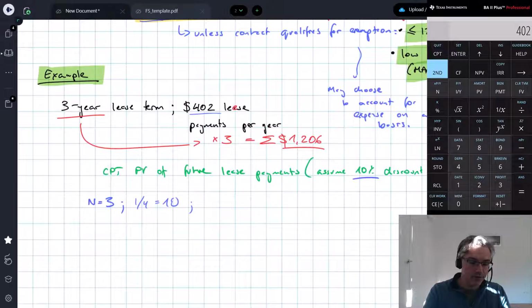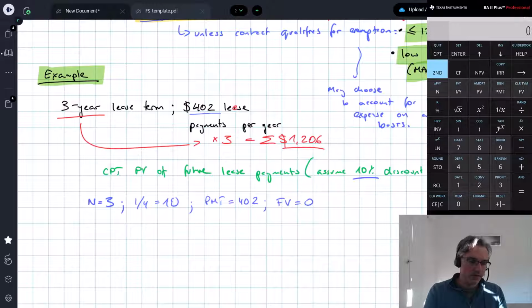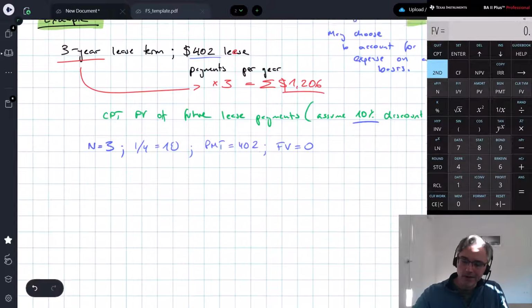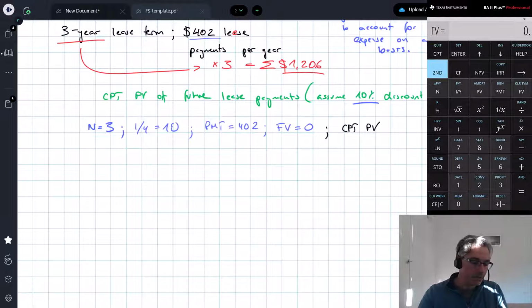So 402 followed by PMT. And finally, there's no final cash flow at the end. So just leave FV at 0. If you've cleared the time value of money worksheet, you should be okay just leaving it blank. Or I always prefer just to type in 0 followed by FV to make sure there's nothing sitting there. And of course, I want you to compute the PV here. So CPT PV, compute PV.